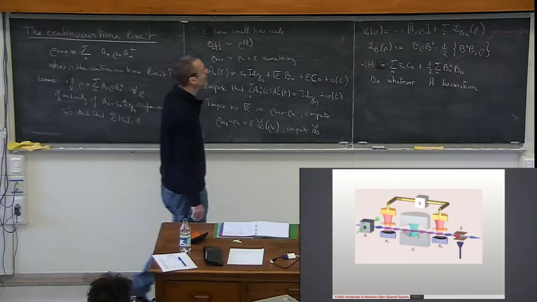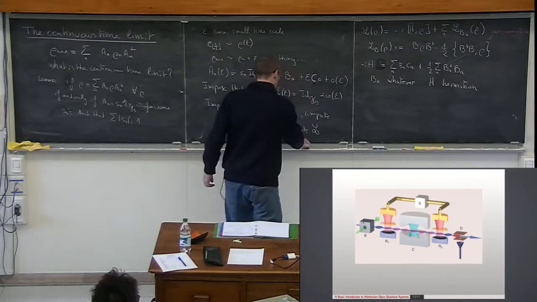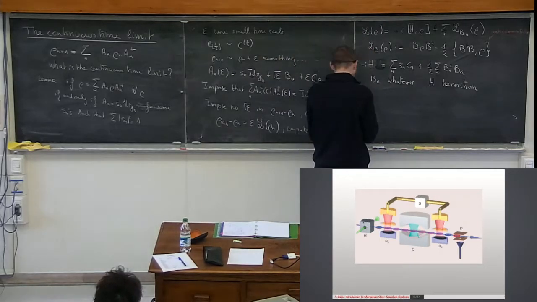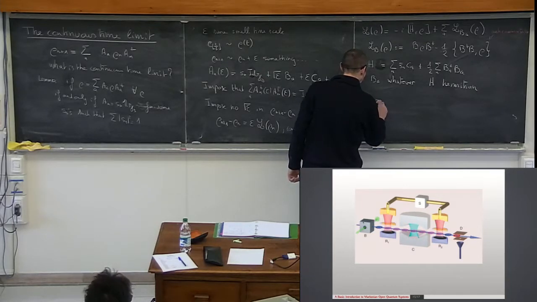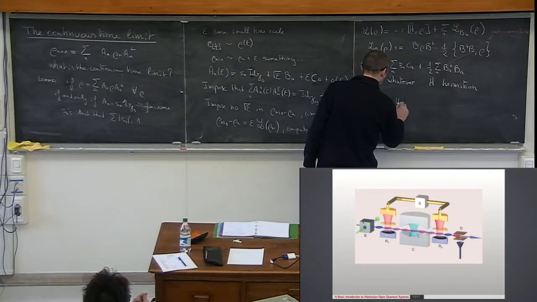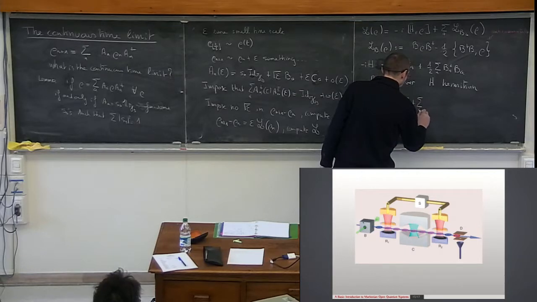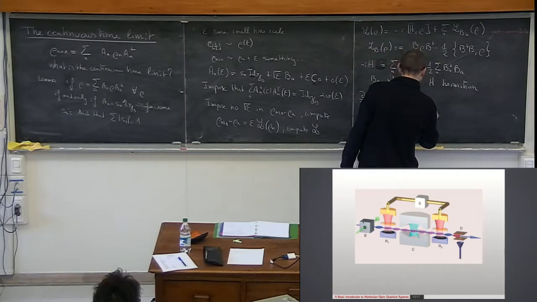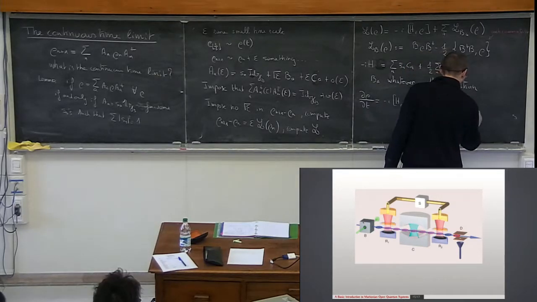Okay. So this is a celebrated equation. So what we end up with is the continuous time limit: d rho over dt is equal to minus iH rho plus the sum over A of B_A rho B_A dagger minus 1/2 B_A dagger B_A rho.